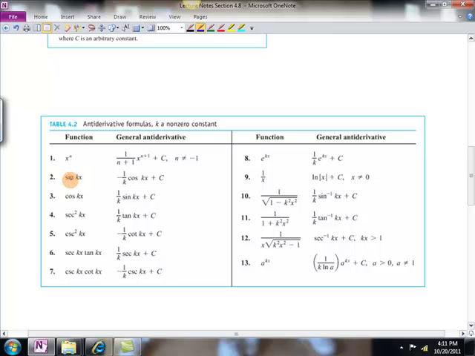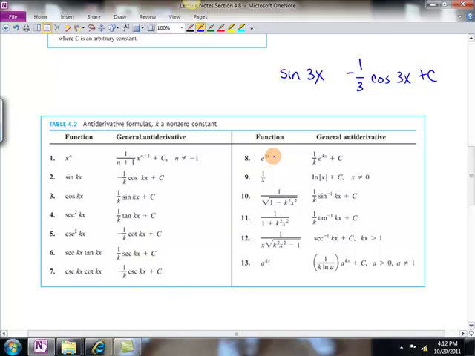If you have sine, say sine 3x, this says it's negative 1 over 3 cosine 3x plus c. So you're just going to use this chart to build yours. You're not going to necessarily remember all of that, but hopefully you'll get most of them.